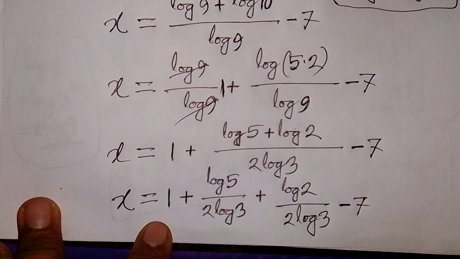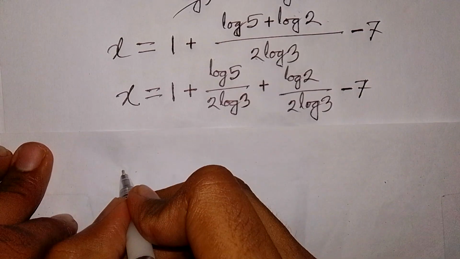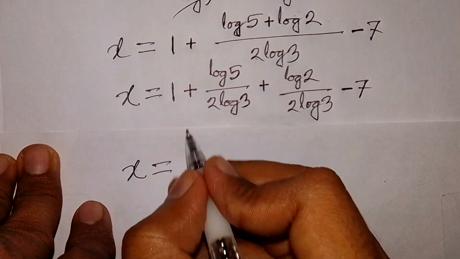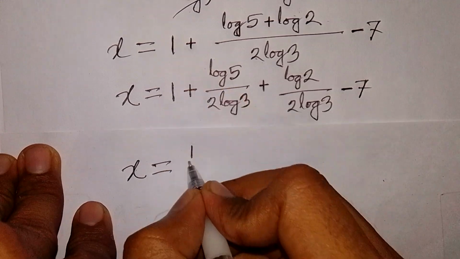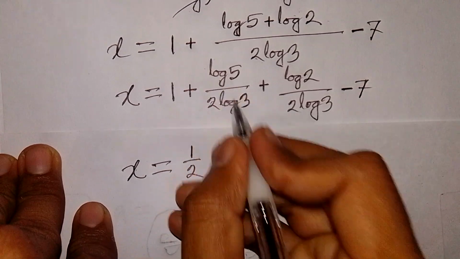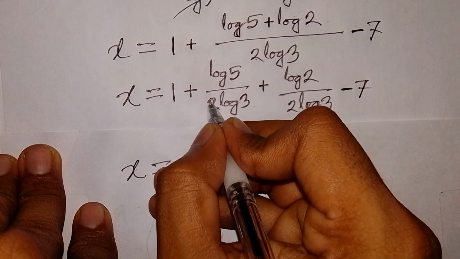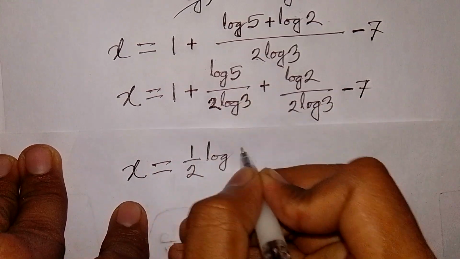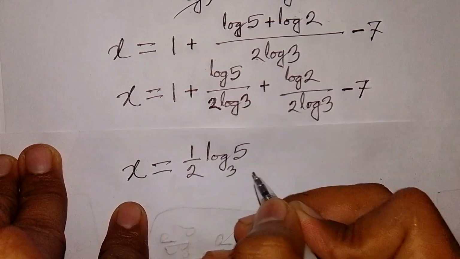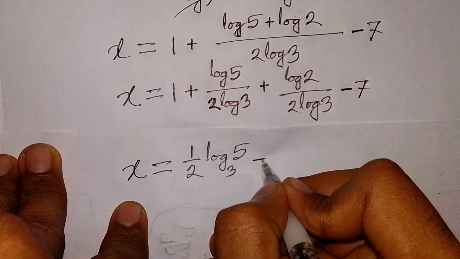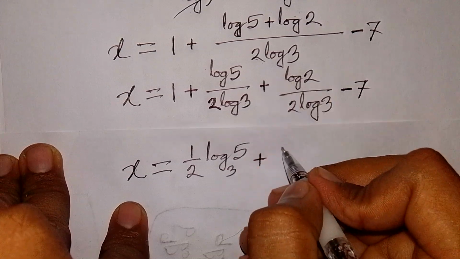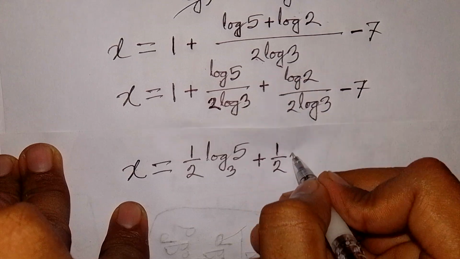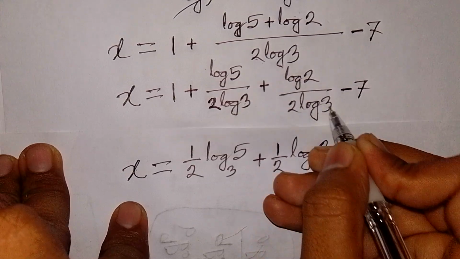Now x will be equal to here 1 over 2, then log 5 over log 3, which is the same as log 5 base 3, then plus here 1 over 2, then log 2 over log 3, which is the same as log 2 base 3.